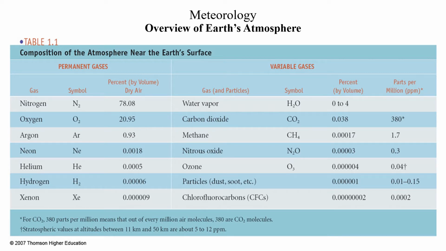So the two most abundant gases in the atmosphere are nitrogen and oxygen. Nitrogen makes up more than 78% of the total, and oxygen makes up nearly 21%.